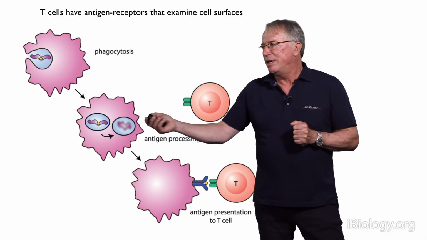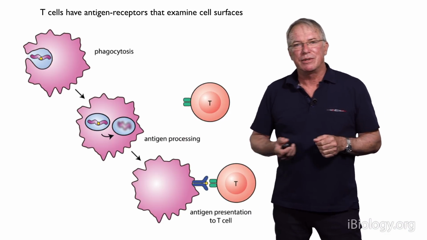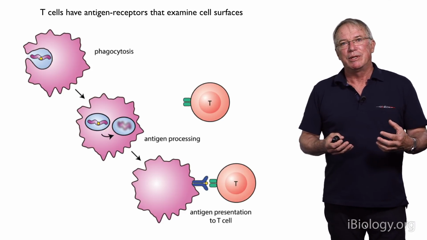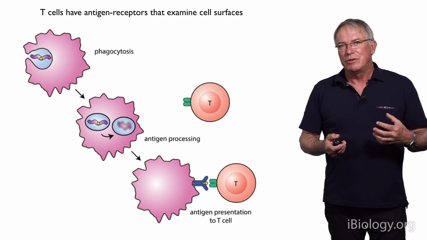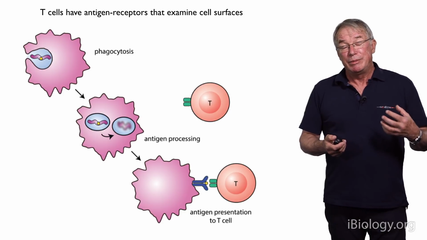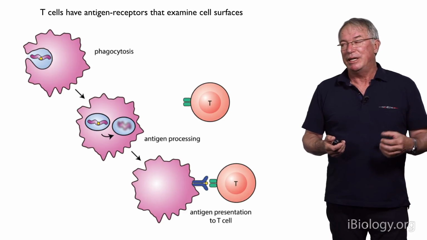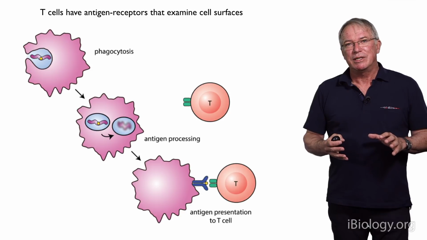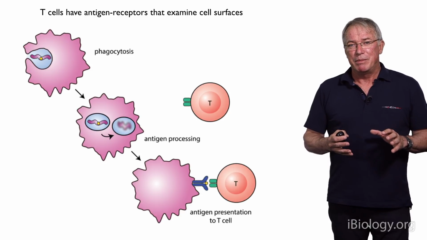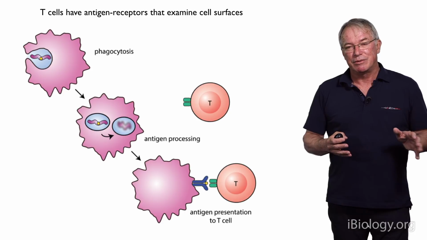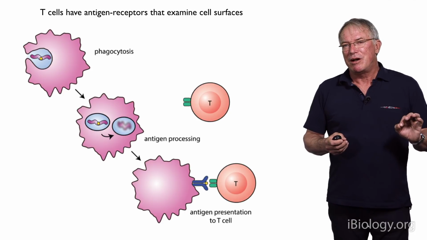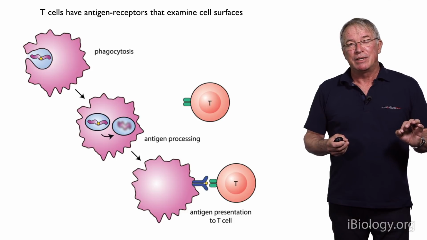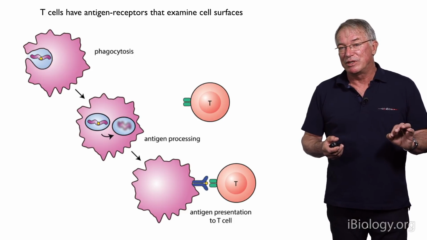Once the phagocytosed antigen has been internalized and delivered to the appropriate endocytic compartments, these antigens are attacked by proteolytic enzymes and converted into short peptide fragments that will be displayed on the surface of the so-called antigen presenting cell. There's a special class of molecules involved in this process. These are the products encoded by the major histocompatibility complex, to which I'll return as well. And it's really the combination of these unique peptide MHC combinations that will be recognized by T lymphocytes by means of antigen-specific receptors.